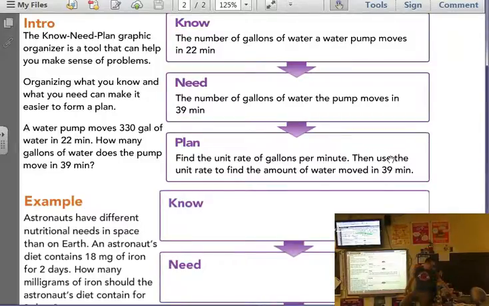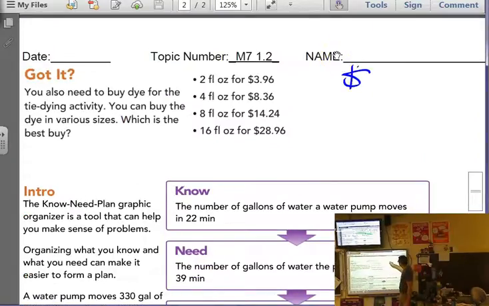Zion. Basically, let's say you had a 4-pack of soda, right? Little soda cans. And let's say it's $2. And then you have a 6-pack for like $3.